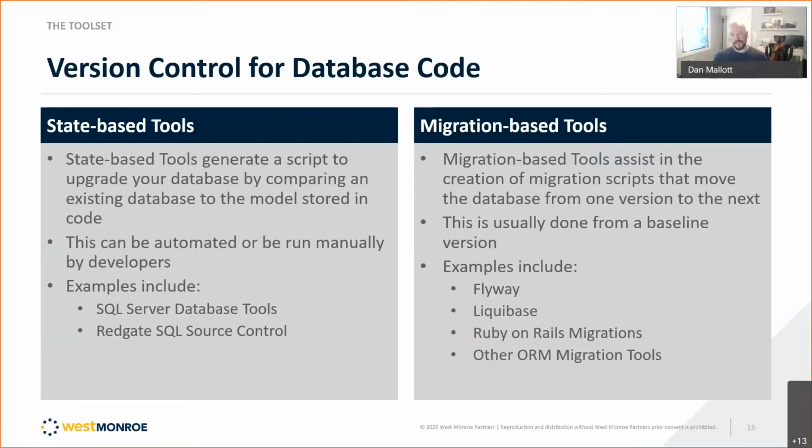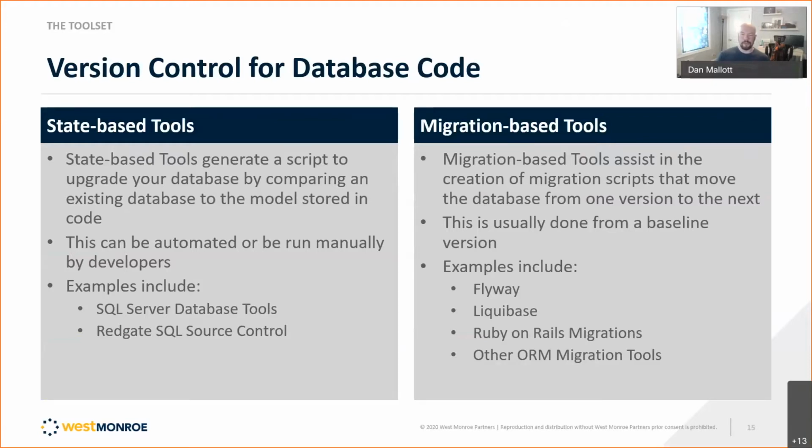The other side of this is what are called migration-based tools. Unlike a state-based tool, where you can generate a diff script against any version of your database and migrate all the changes, a migration-based tool goes at discrete points of migration.